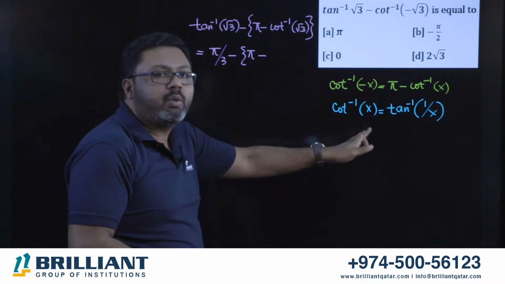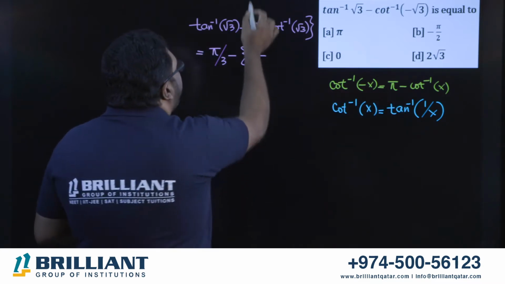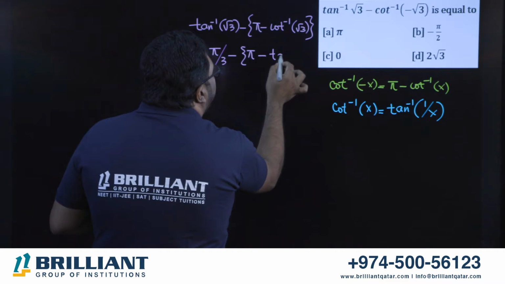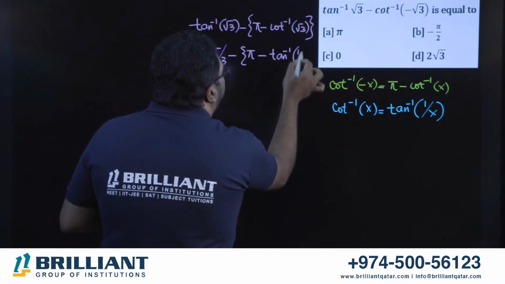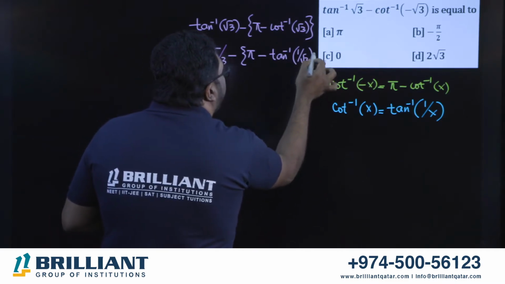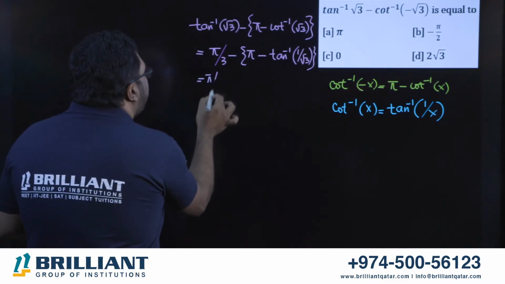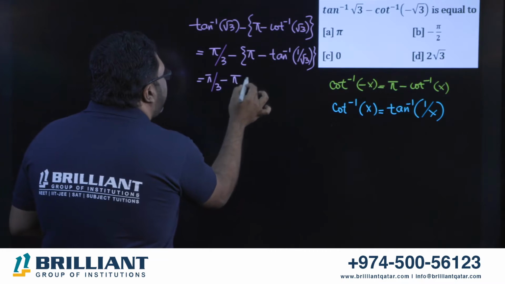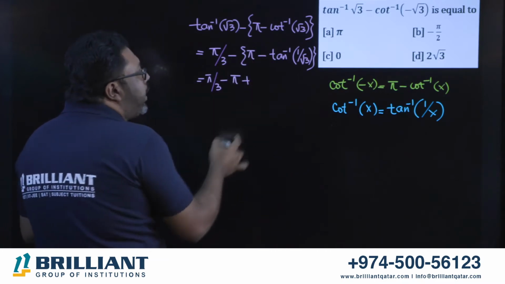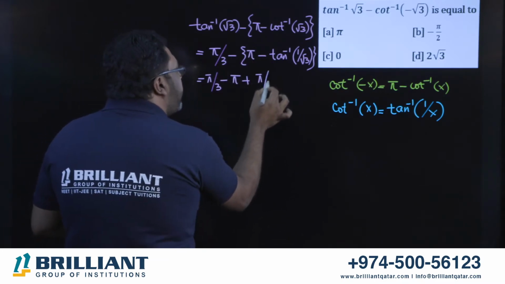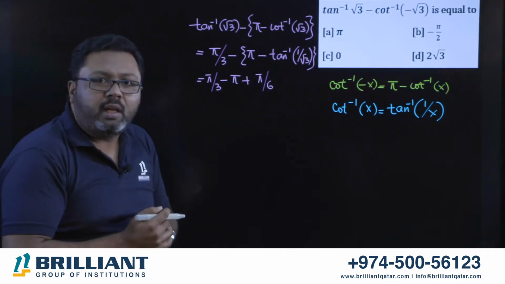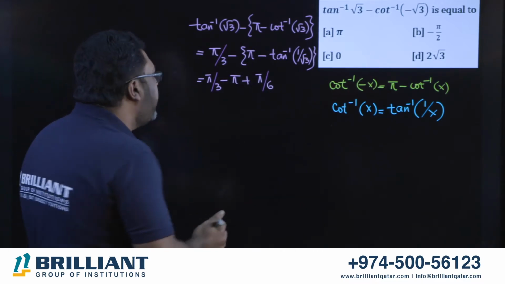So cot inverse x will become tan inverse 1 by x, and this is going to become tan inverse of 1 by root 3. So the answer is going to be pi by 3 minus pi plus tan inverse 1 by root 3. The angle is pi by 6, since tan 30, or tan pi by 6, is 1 by root 3.